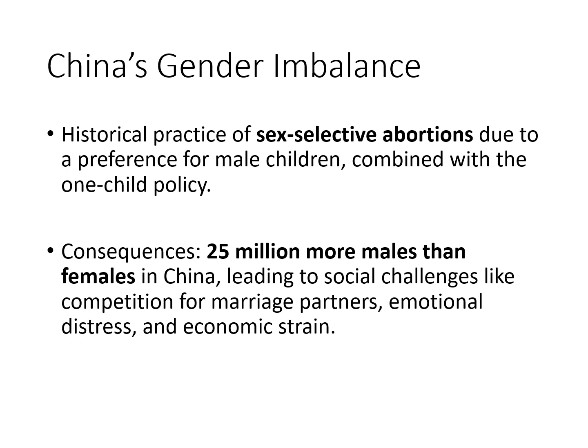This targeted use of prenatal screening led to the birth of significantly more boys than girls, creating a gap of around 25 million more males than females. The consequences have been severe, including increased competition for marriage, emotional and psychological strain, and long-term economic and demographic challenges.